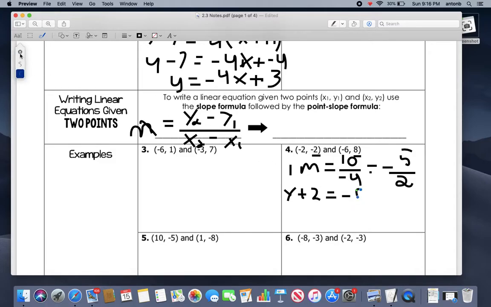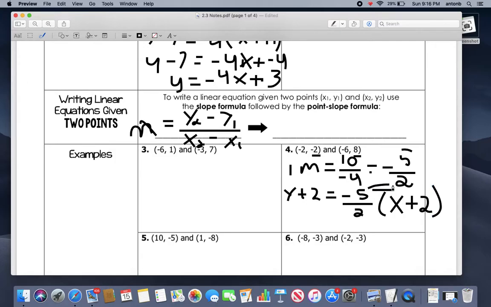It's supposed to be negative 5. Let's try that again. Negative 5 over 2 times x minus x1, so minus a negative 2, which is really plus 2. And now we distribute.